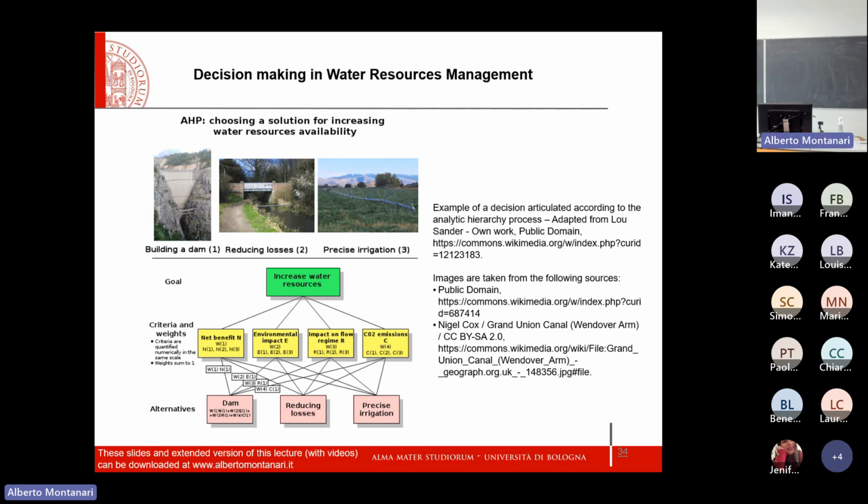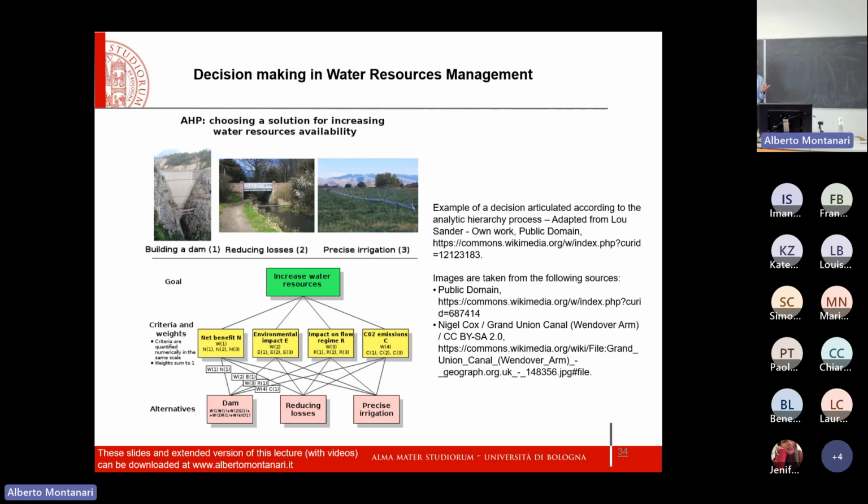In order to make this computation, however, I need to estimate the 4 weights, and these are to be estimated with a discussion with the stakeholders. And the discussion has to identify the weight based on their preferences.